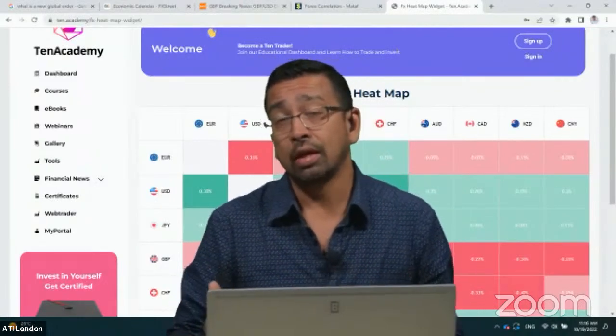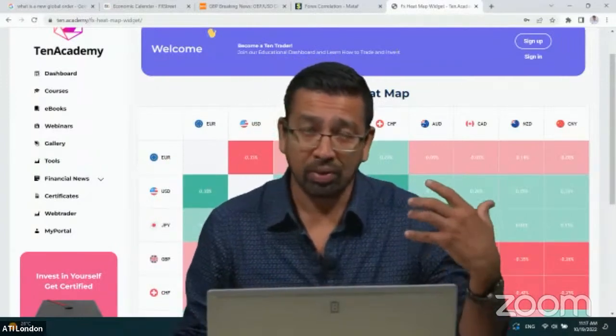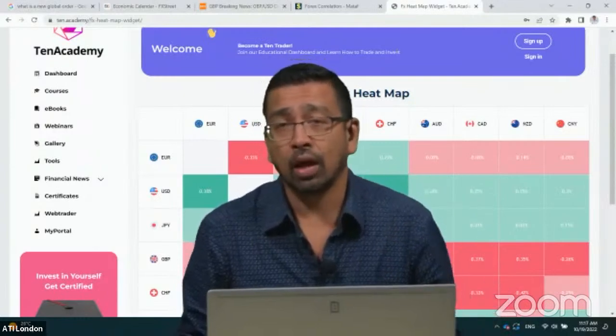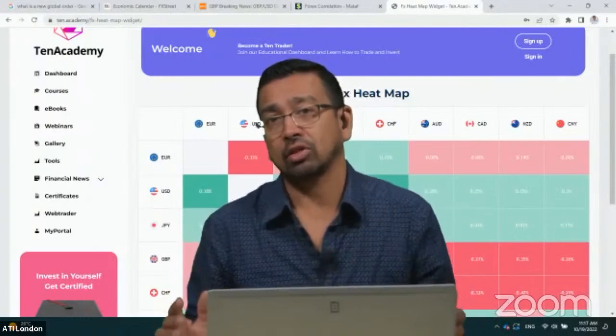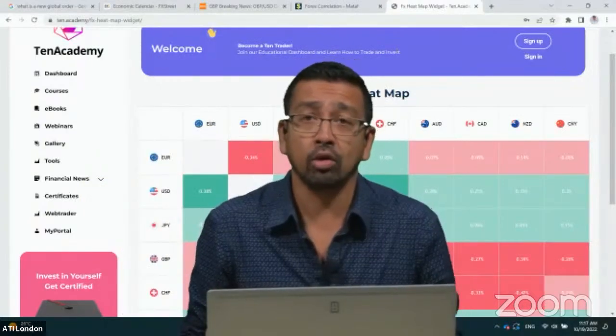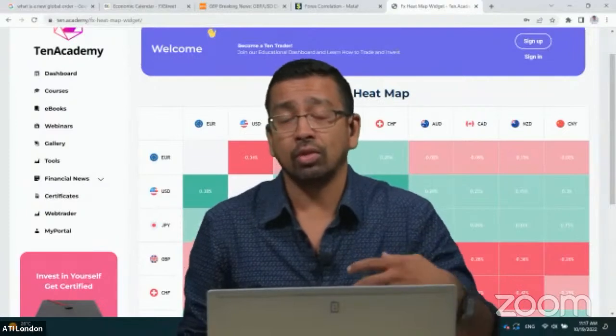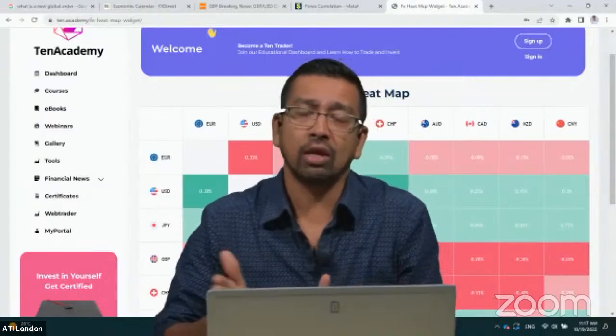USD has topped up as a safe haven right now due to the pandemic and various other factors, geopolitical factors as well, when it comes to the war between Ukraine and Russia, that have already made the USD a stronger safe haven nowadays.